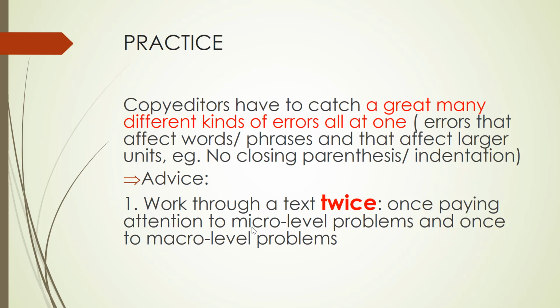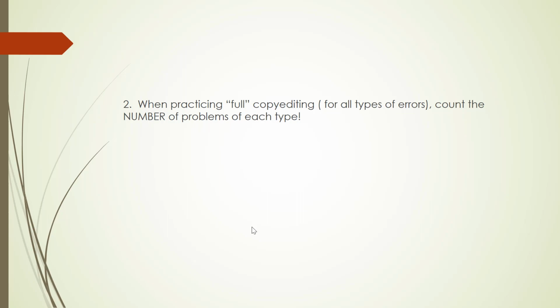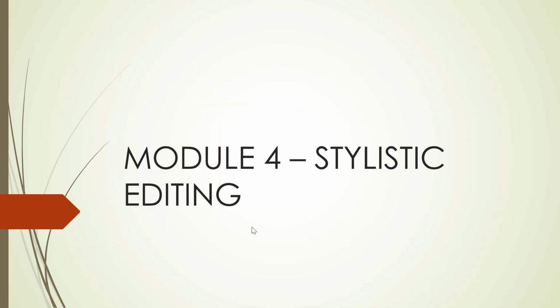Firstly, go through a text twice, once paying attention to micro-level problems and once to macro-level problems. And two, when practicing full copy editing for all types of error, you should count the numbers of problems of each type so that you don't miss any type of problem or each type of error.